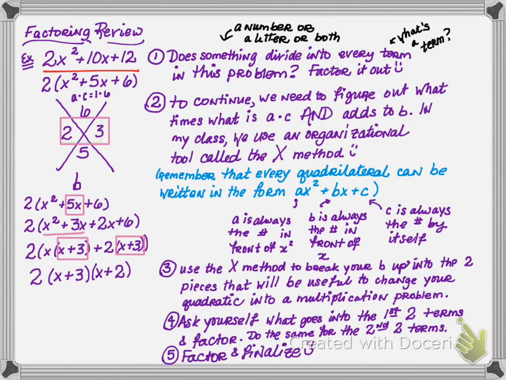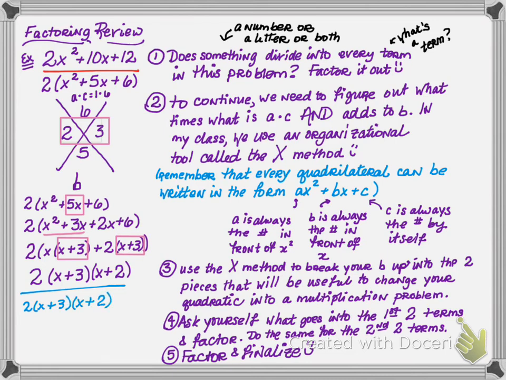As you can see, what we have right here in our final step is something you used to go through and FOIL. And now we know how to backwards FOIL.